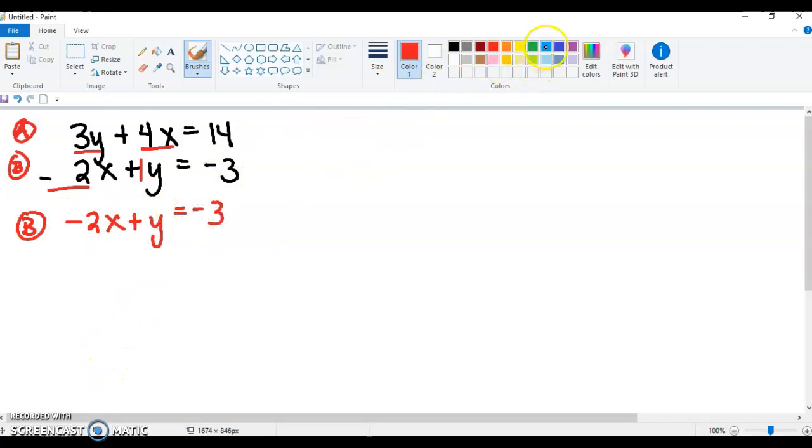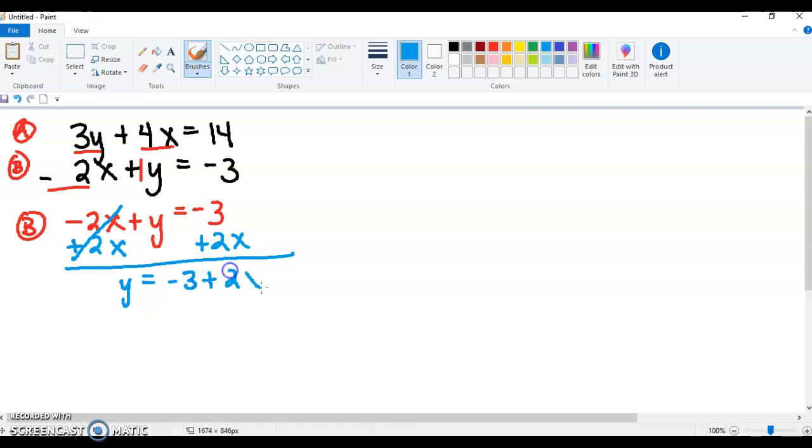I want to get y by itself, so I'm going to add 2x to both sides. This cancels here. I'm left with y equals negative 3 plus 2x. Now I've got y by itself. And remember, this is equation B. So I'm going to take what y is equal to and plug that into equation A. Equation A was 3y plus 4x equals 14.